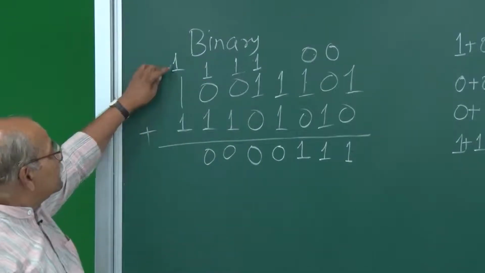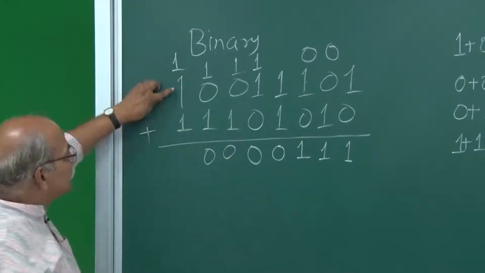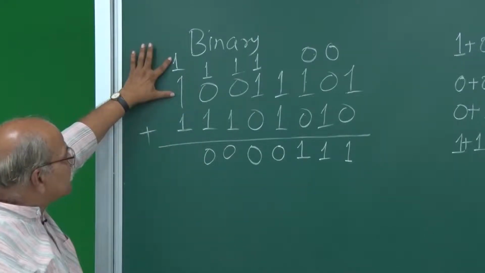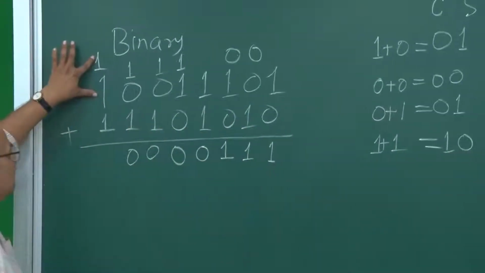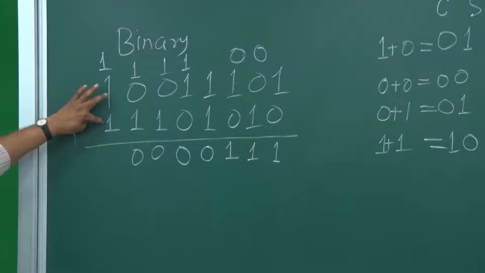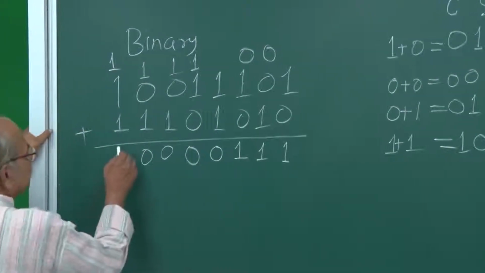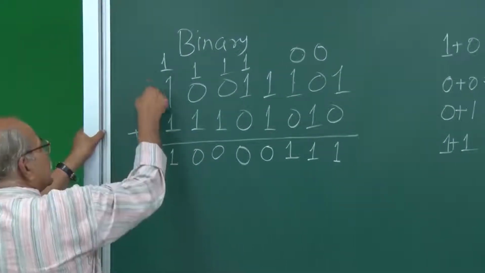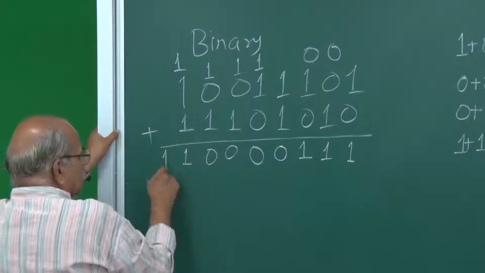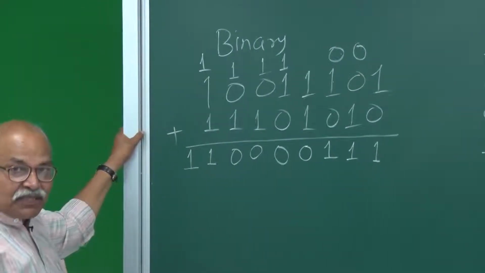And now I have 1 plus 1 and plus 1. So 1 plus 1 is 1 0. This 1 and this 0. The sum is to be added here, and the carry I have to remember. So that sum is added here, and that gives me 1 here, and that carry goes here. There's nothing here, 0 0. So that is 1.